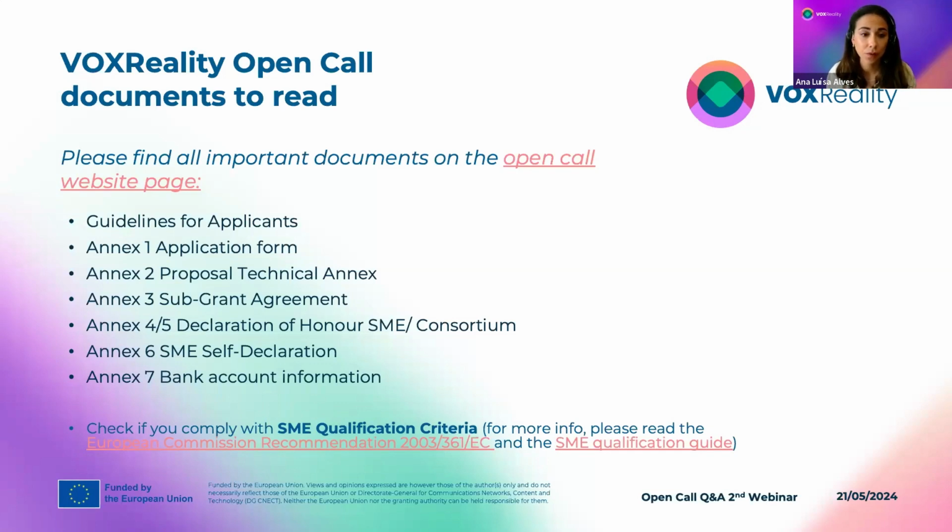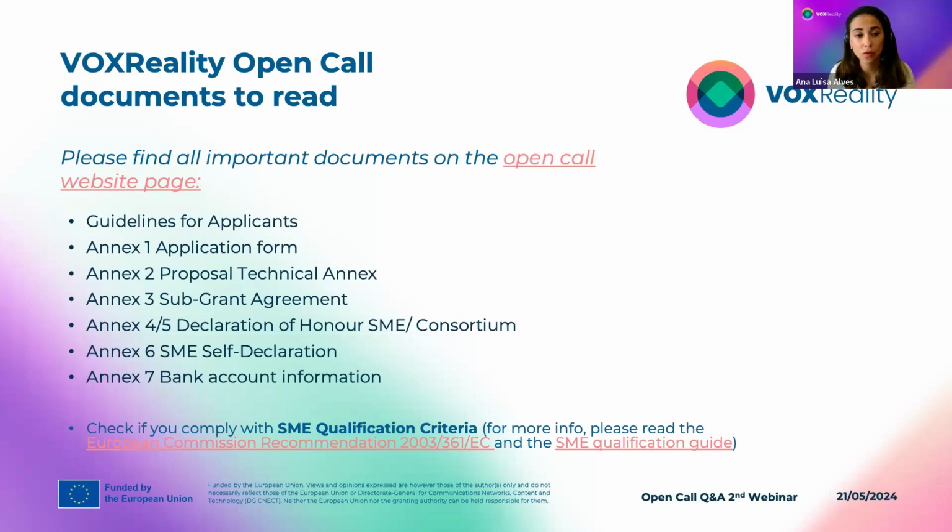Then you have the proposal technical annex, where you will describe your project. Finally, on the Annex 3, you have the sub-grant agreement that, in case you are awarded, you need to submit and send us so we contractually agree on the conditions of the implementation.